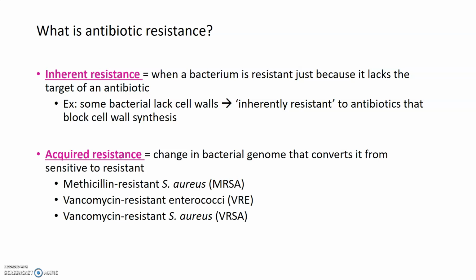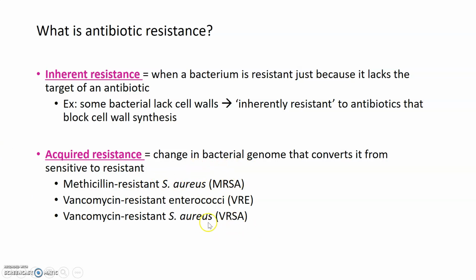But what we think of when we worry about antibiotic resistance in clinical settings is something called acquired resistance, which is a change in the genome or the genetic makeup of the bacteria that converts it from a bacteria that was sensitive to an antibiotic to one that is now resistant to it. Some of the more common antibiotic resistant bacteria are listed here. Two that you're probably familiar with are MRSA and VRSA.